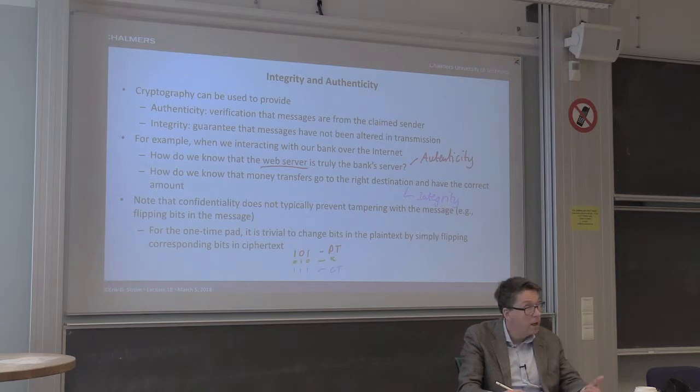So if I am an attacker and I would like the receiver to decode the wrong message, I just take the ciphertext 1, 1, 1, and I say, okay, I would like to flip the first bit. Then I flip that first bit and send that to the receiver. And the receiver would decode what? 0, 0, 1. The receiver knows the key, and it will then decode this plain text.